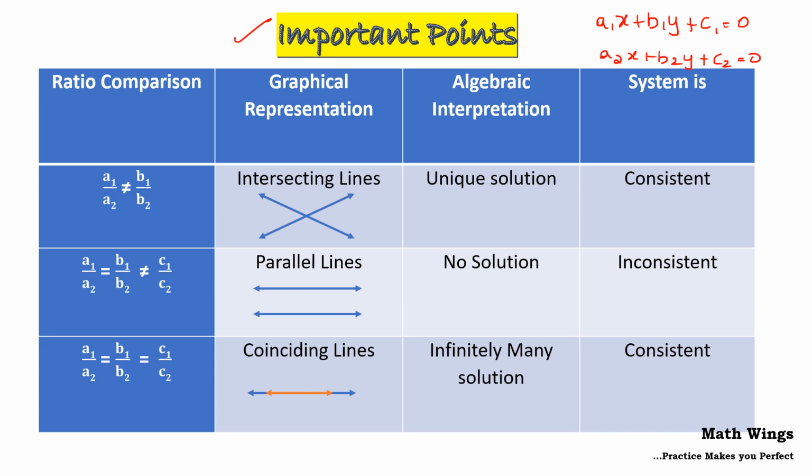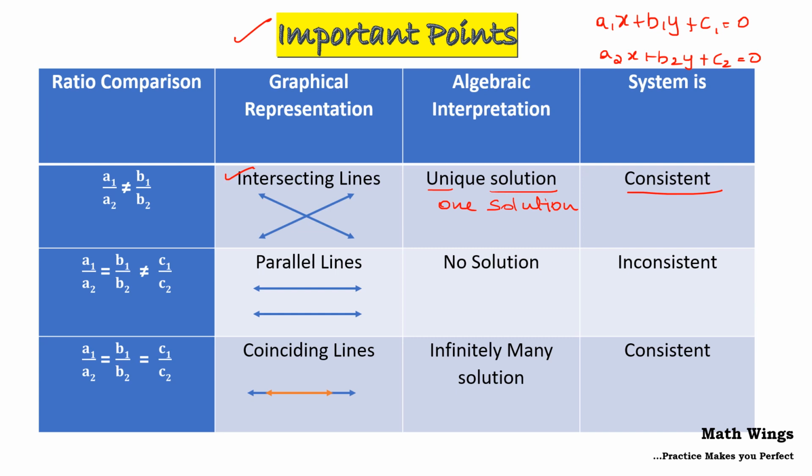Correct? So when a1 by a2 is not equal to b1 by b2, we get intersecting lines when we solve them graphically, and these equations will have a unique solution, that is only one solution, and the system is consistent, right?